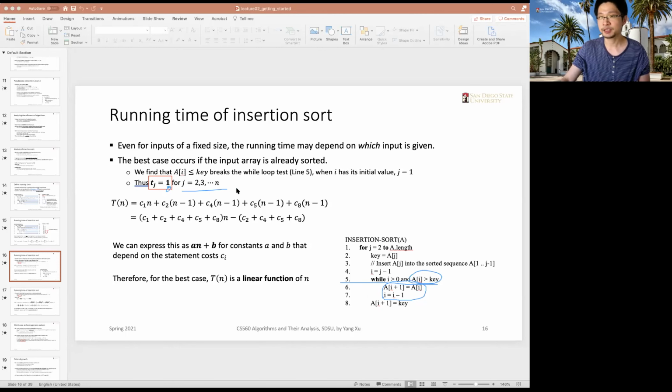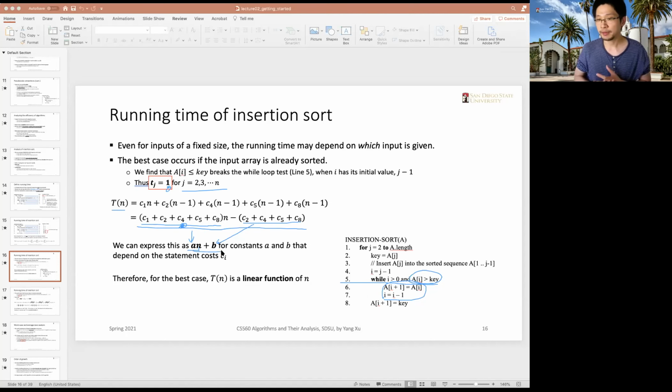That makes things much easier, and the complex T(n) simplifies to a linear form. We can simplify these coefficients to a, and this other bunch of coefficients to b.